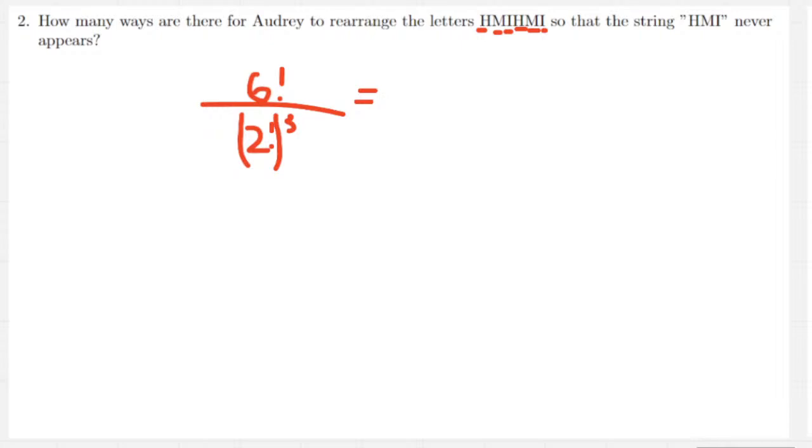So in total, this gives us 90 rearrangements of this string. So now we want to find the number of ways to rearrange the letters such that HMI does appear. So what we can do is we can treat the string HMI as its own letter.